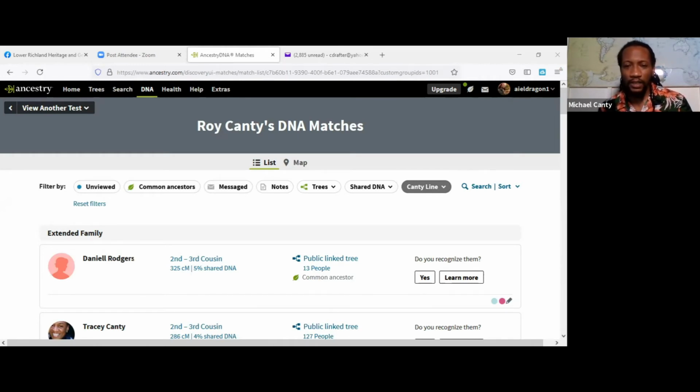So with JetMatch, you get to see the matches that have done DNA tests, and it's free. This is a free service after you've done 23andMe or Ancestry.com or any of those other websites. You can download that data and upload it here, and they'll reanalyze it, even more detailed than those sites do.